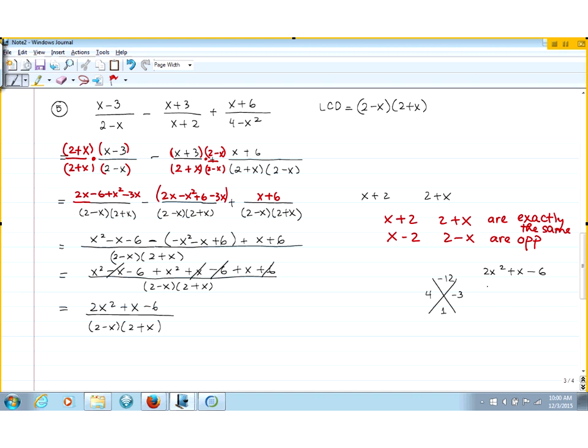So 2x squared plus x minus 6. What about your x here? 2x squared plus 4x minus 3x minus 6. And then what? 2x squared plus 4x minus 3x minus 6. Alright.